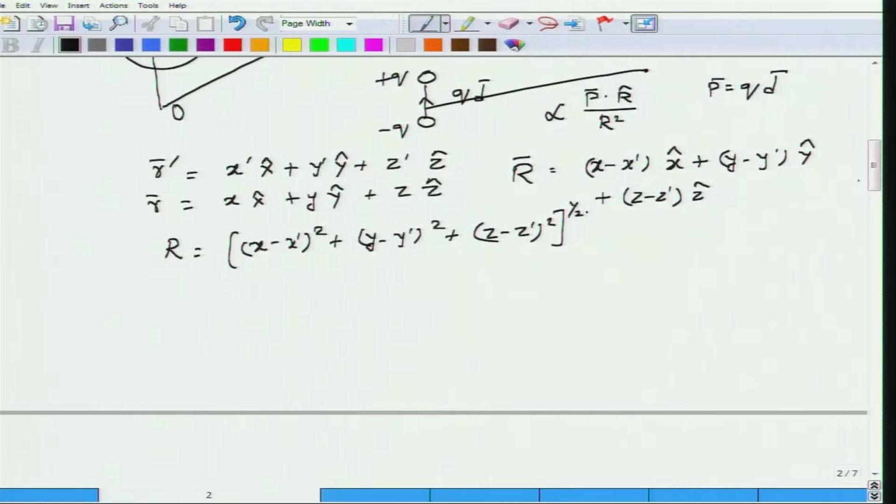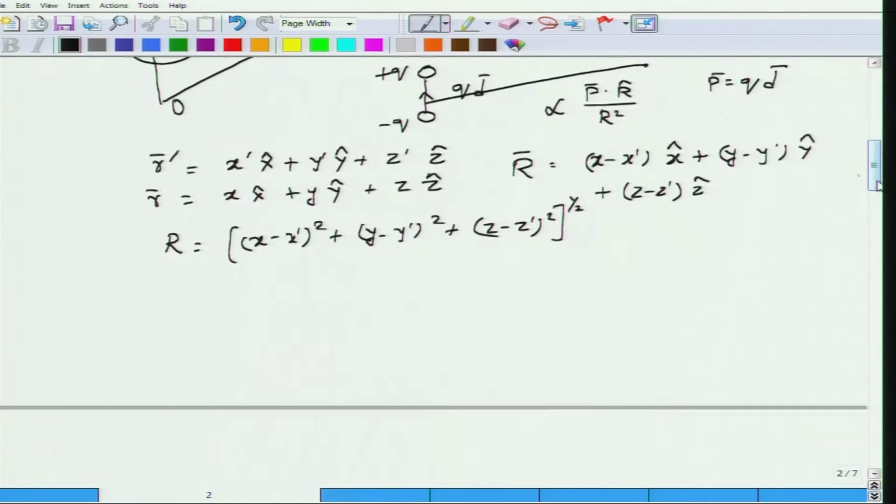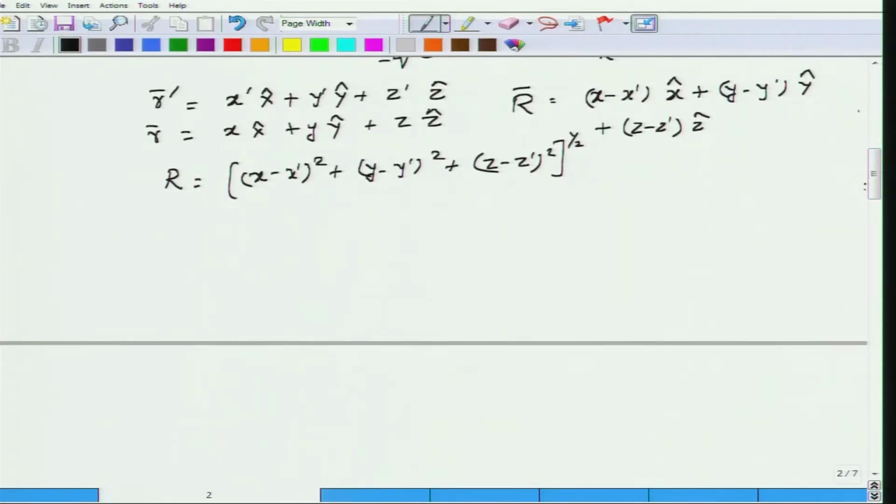So this is the expression for r, and what you want is r square. In order to obtain r square, you can remove the square root or square on both sides. Now we will have to introduce one vector identity. We will actually show you how to derive that vector identity. See, I have inside the integral a quantity r hat by r square.